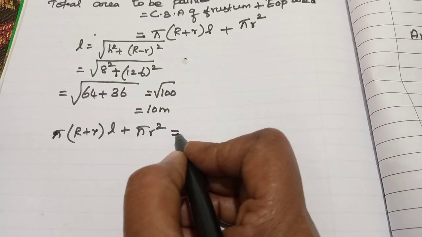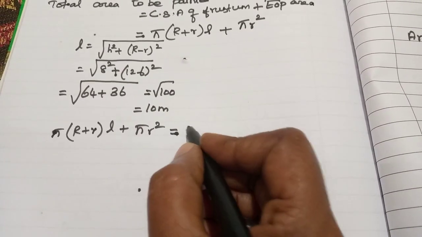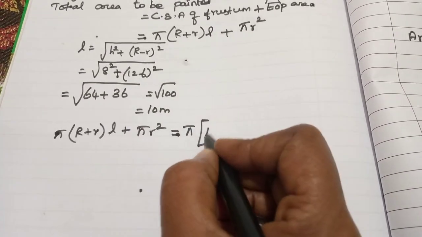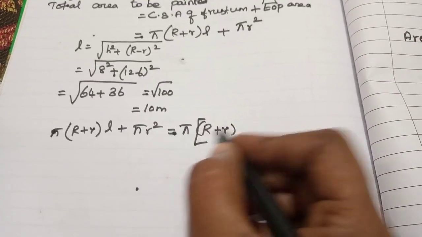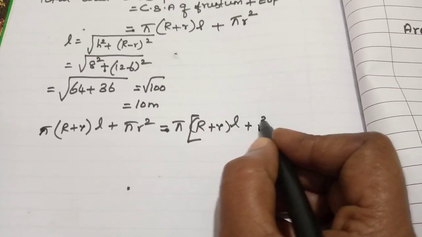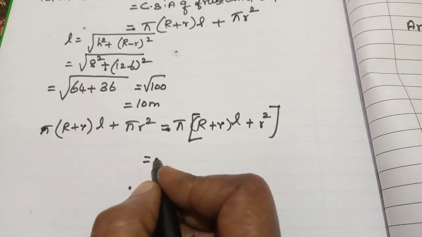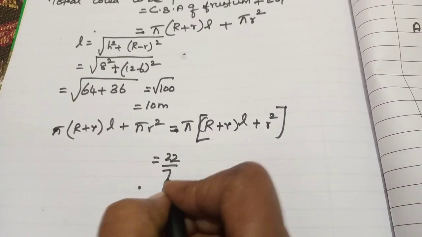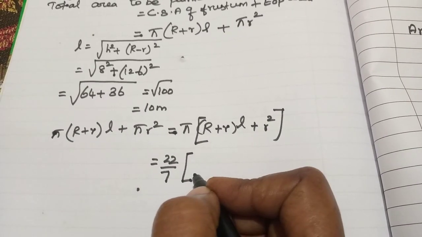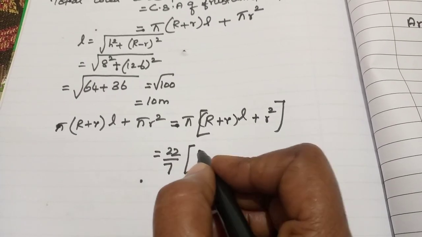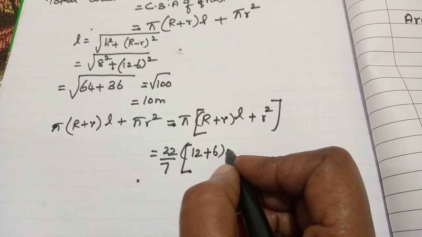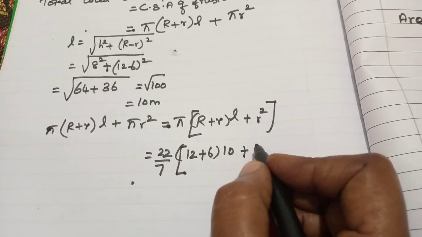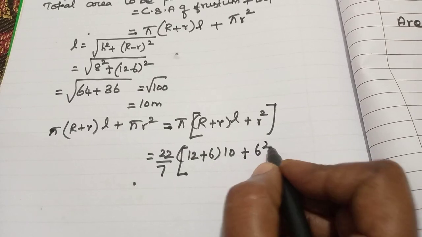Let's take pi commonly outside: pi into R plus r into L plus r square, which is equal to 22 by 7 into capital R, 12, plus small r, 6, into L value 10, plus r square, so 6 square.